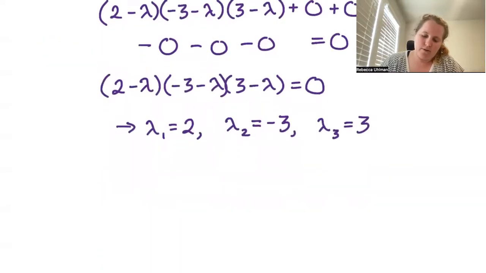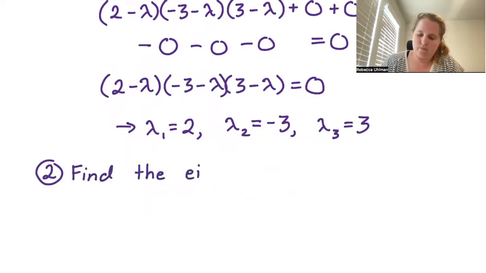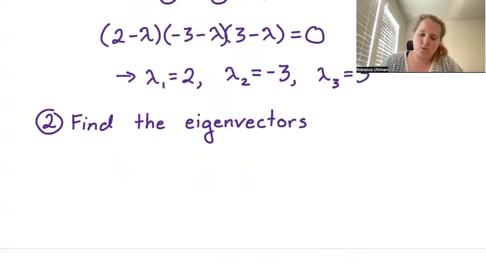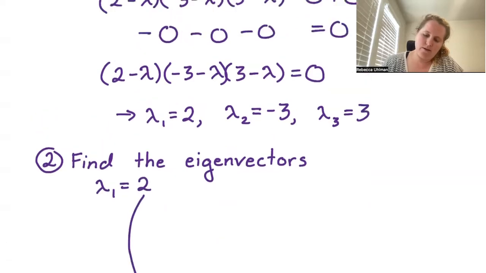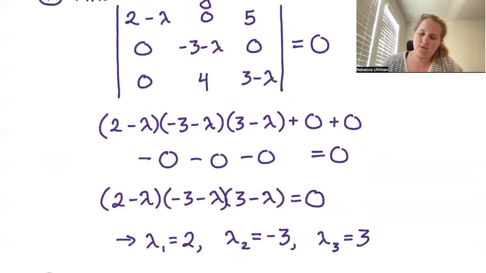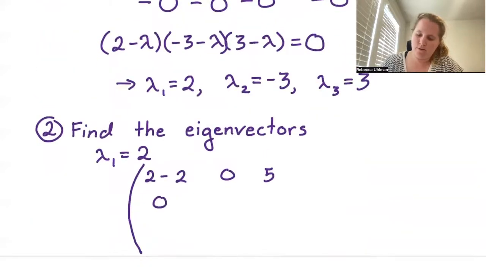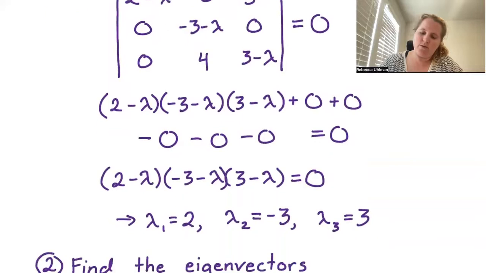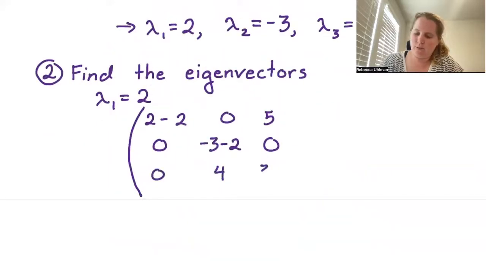Next up, we need to find the eigenvectors. So for lambda 1 equaling 2, we are looking at the augmented matrix: 2 minus 2, 0, 5, followed by 0, negative 3 minus 2, 0, followed by 0, 4, 3 minus 2, and then the augmentation is just the 0 vector.